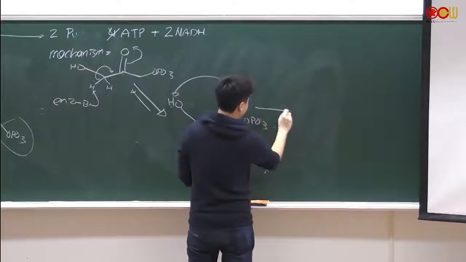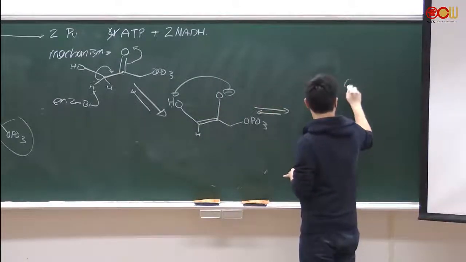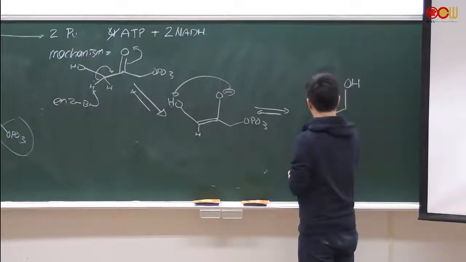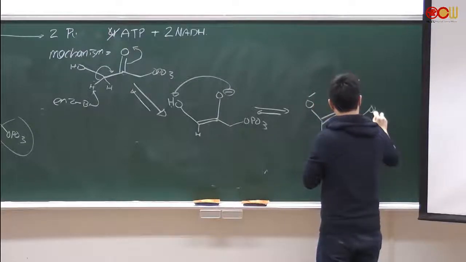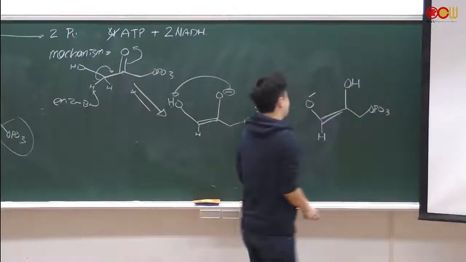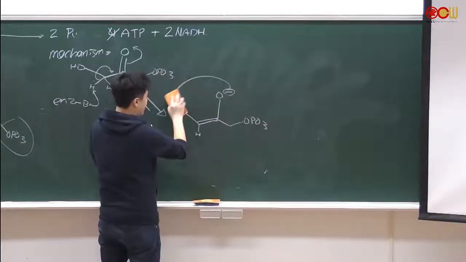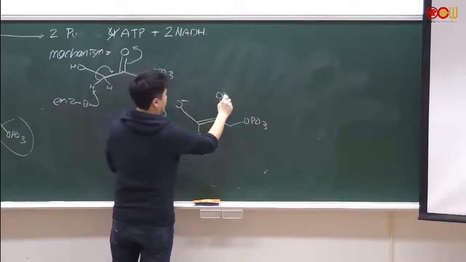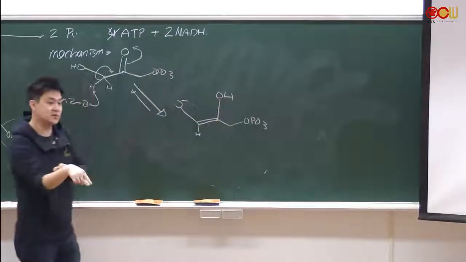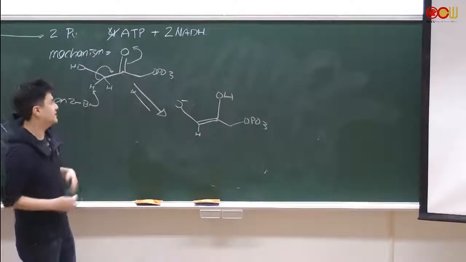So then you can generate this intermediate with OH, O minus, H, OPO3, like that. So you just transfer the proton from one OH to the O minus.